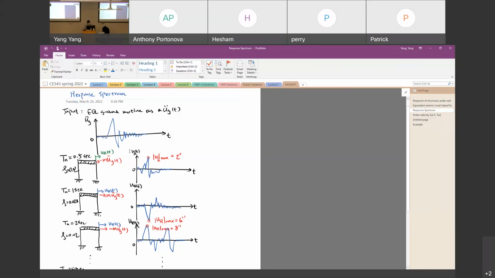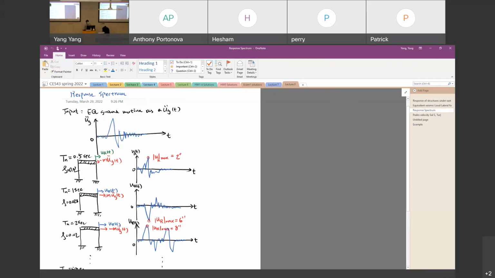So for any given earthquake load, we should be able to do analysis on one structure. For example, if we have a frame with a rigid floor, and we select the natural period of that structure, we should be able to analyze the structure under the given earthquake, so that we can have the time history of the displacement of the floor.